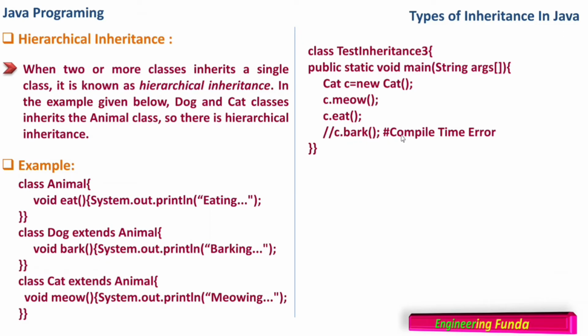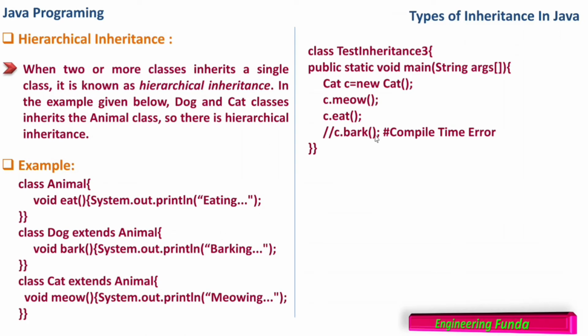So if we write c.bark, then it will give us a compile time error. Similarly, if we create an object of Dog class and we write dog.meow, it will give us a compile time error because the meow method is not in the Dog class, and neither is it in the parent class or the superclass of the Dog class.